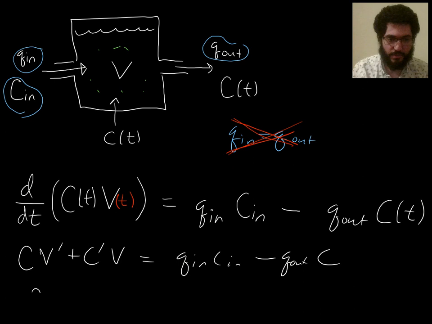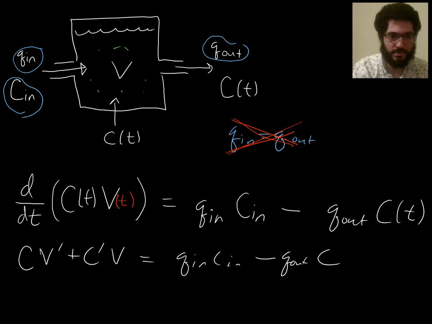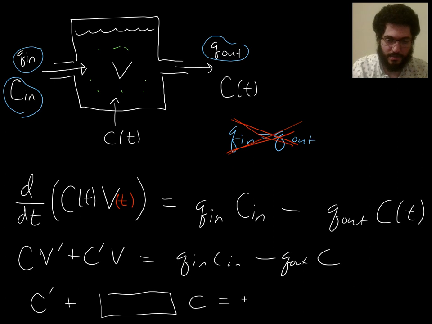And remember, the way we write linear differential equations is like x prime plus some function of t times x equals some function of t, right? So let me write it in that form just to show you that this is a linear differential equation. It should be c prime plus some function of t times c equals something.